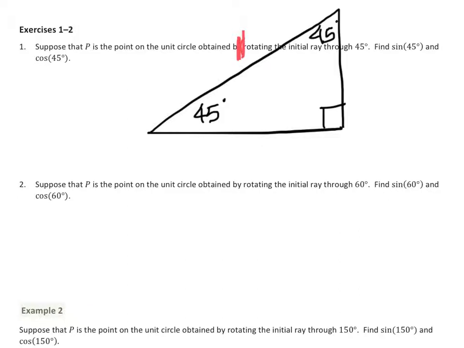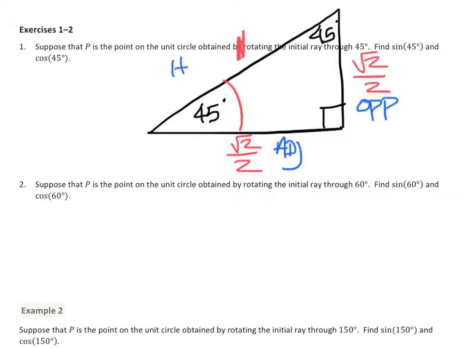We know from having solved for this in our review of geometry that if the radius, or the hypotenuse, is 1 on a 45, 45, 90 triangle, then you end up with a value of square root of 2 over 2 for each leg. We've already solved that before. If we're looking for sine and cosine of 45 degrees, then we must also know that this is adjacent, this is opposite, and this is hypotenuse.